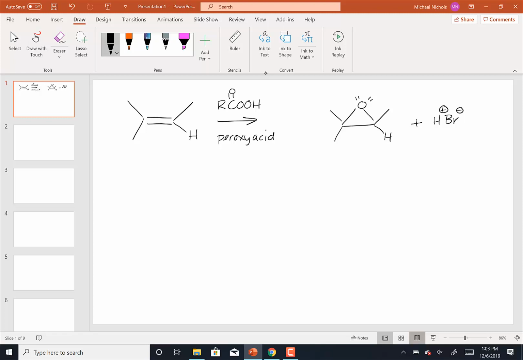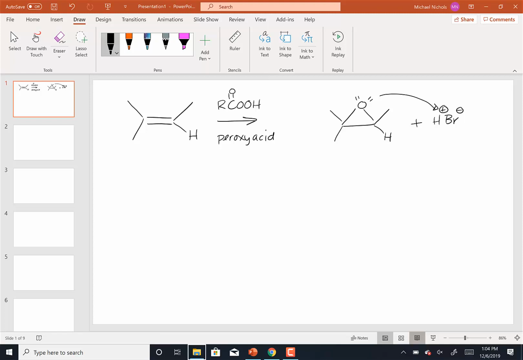If you were stuck on this reaction, oh, there's an oxygen and there's H+. So what's the first step? Protonate the oxygen. Or you can think about whether the oxygen is an electrophile or nucleophile. It's a nucleophile, so what can I react it with? The electrophile H+.